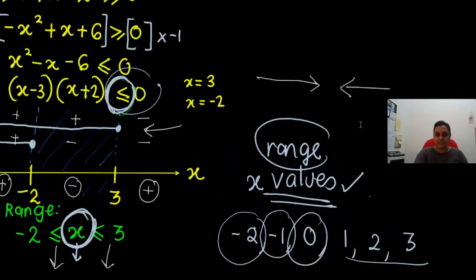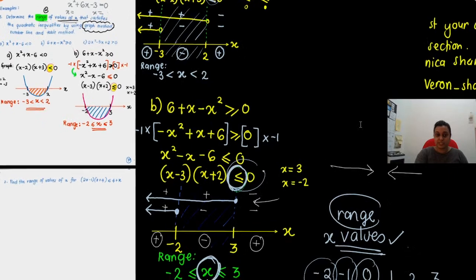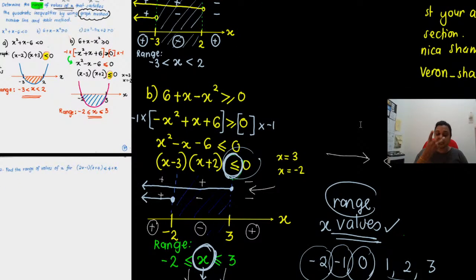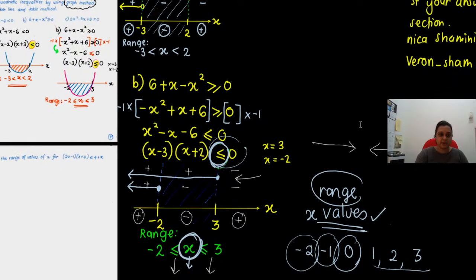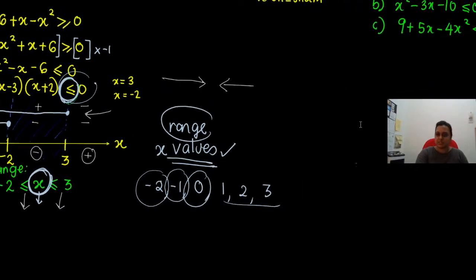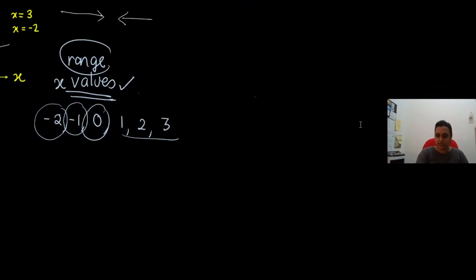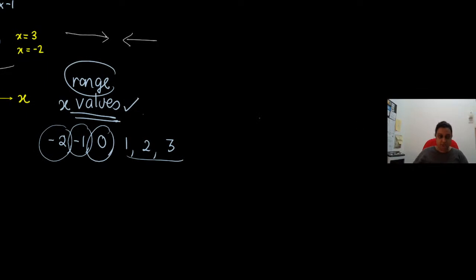Okay. All right, so we go to question C. Let's apply the same method. Let me write down question C first over here. Question C: 2x squared minus 5x plus 2 bigger than 0.